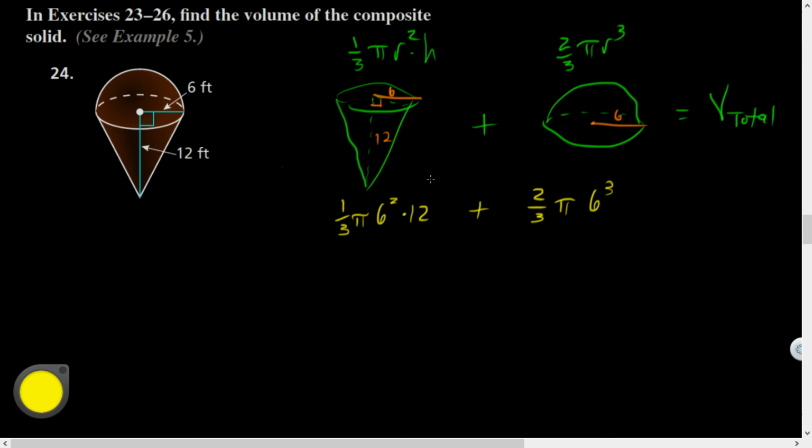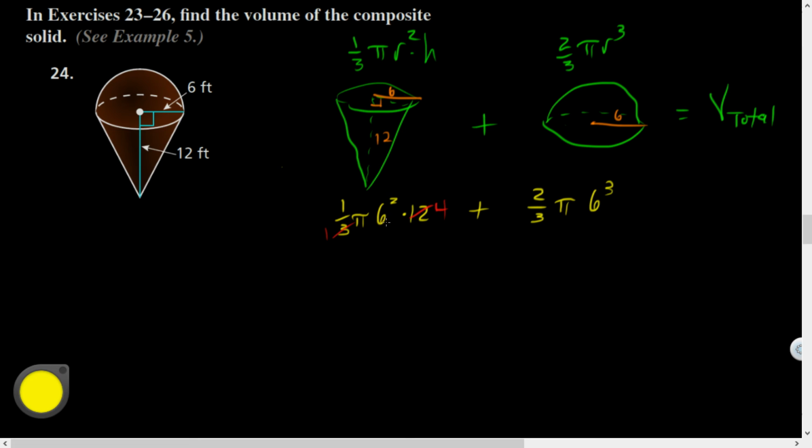All right, I'm thinking of how to cancel this cleverly. That's going to be 36 times 4 if I reduce. Right, 3 goes into 3 once and into 12 4 times. These are not like terms, because this is a 6 squared, that's a 6 cubed, and that had a 12 on it.